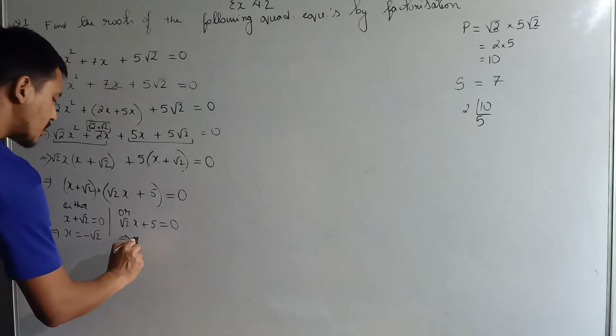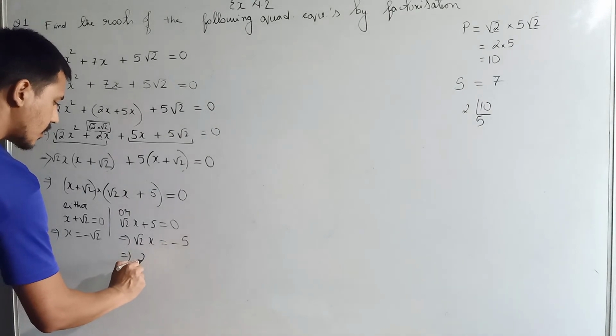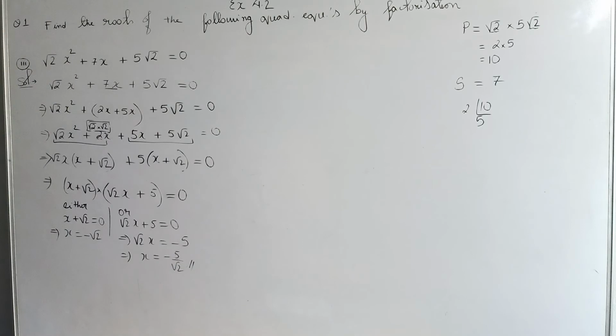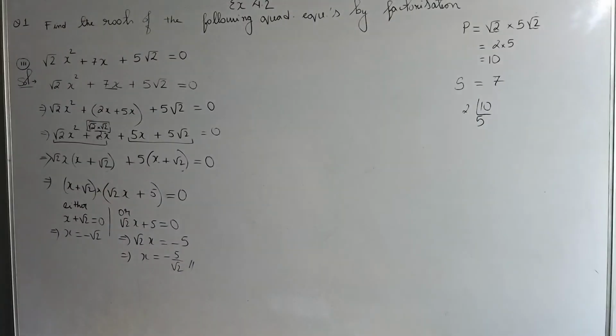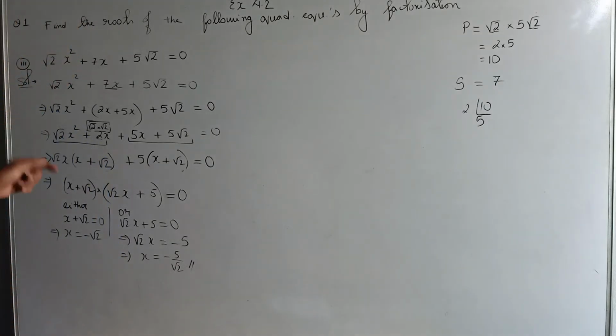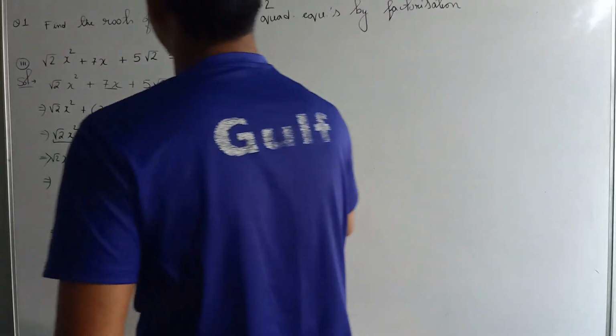This gives you square root of 2x equals to minus 5, so your x will be minus 5 upon square root of 2. So x equals minus square root of 2 and x equals minus 5 upon square root of 2 are the required roots of your quadratic equation.